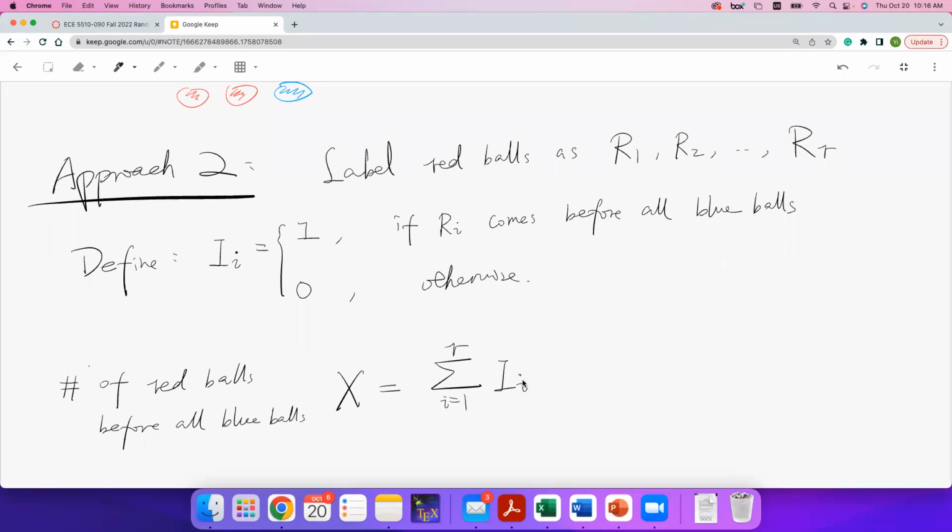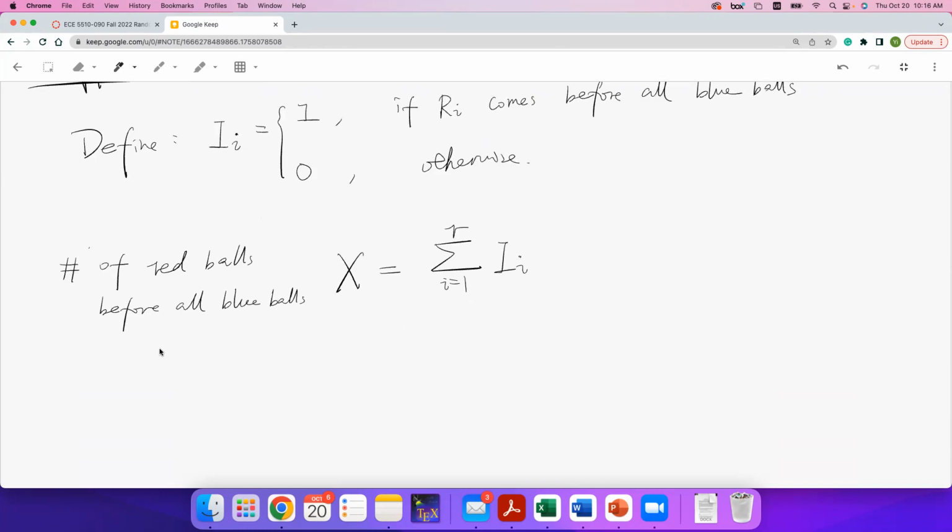Right? Because each indicator tracks if the corresponding red ball is selected before all the blue balls. Okay. Summing up all these counters, we get the total number of red balls coming up before all the blue balls. And therefore, this big random variable is decomposed into smaller ones.